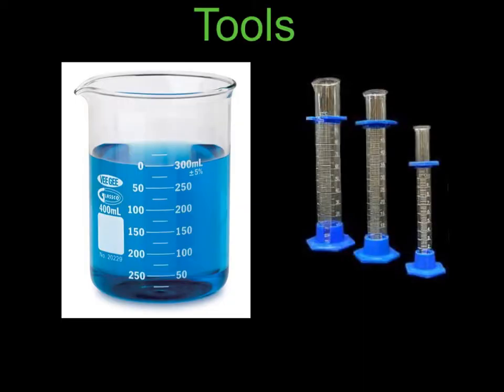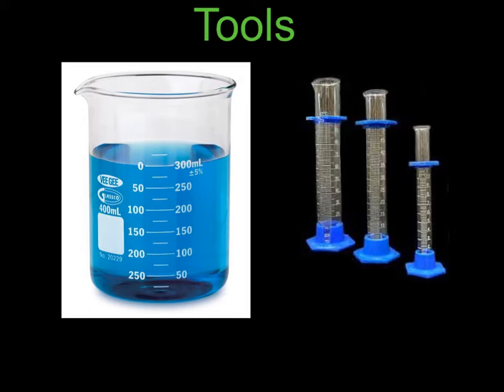Okay, the next thing we need to talk about is what tools you would use if you were going to measure volume. So I've got two different tools up here. I wonder if you know what either of them are called. This one is just a larger version of this. You might even have one at home that looks similar to this. I bet you have some type of measuring cup.